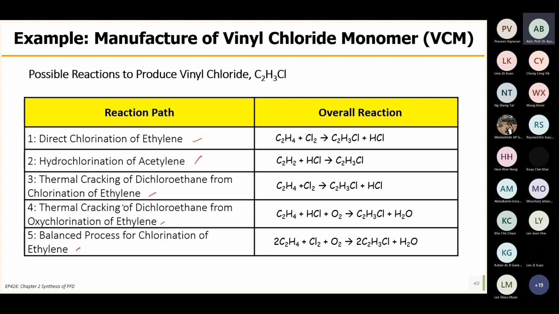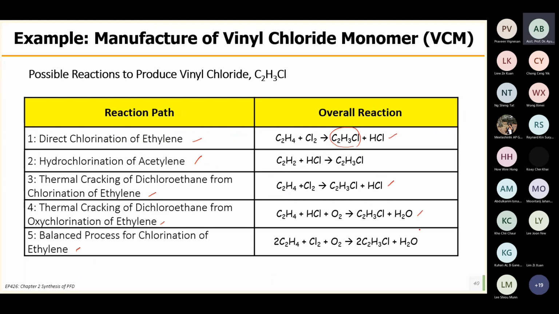Now, from these 5 processes, the main target is to produce VCM. All can produce VCM, but all these reactions have different parameters, different considerations, different constraints, and also different byproducts. This one you have HCl.